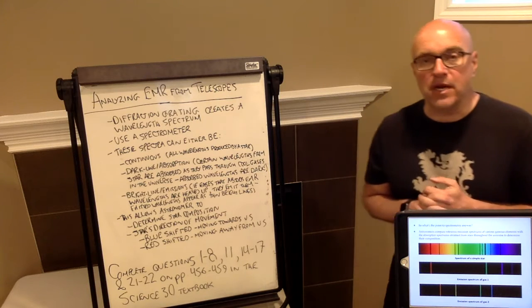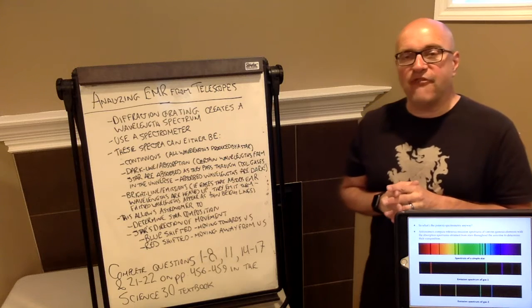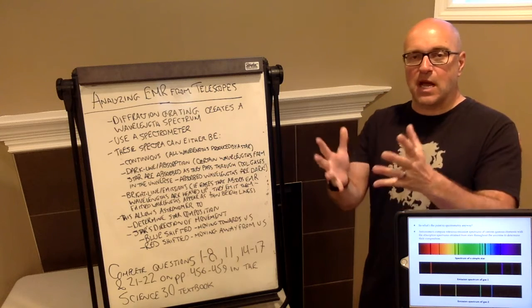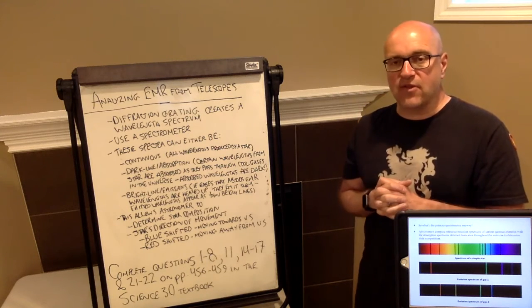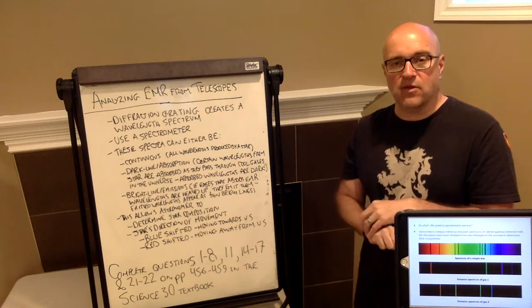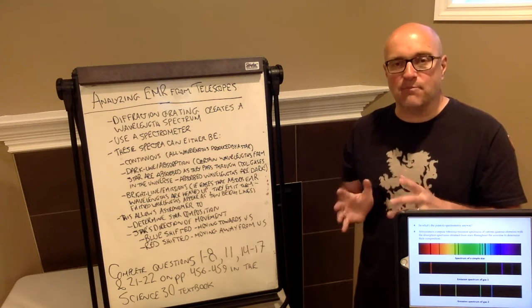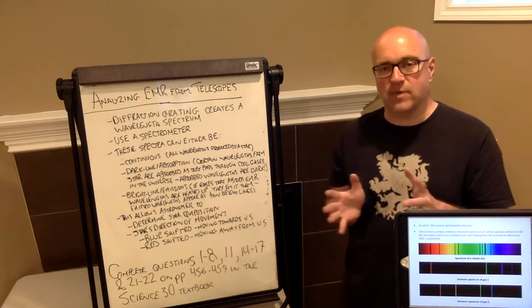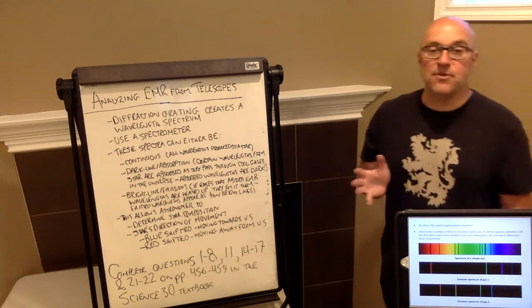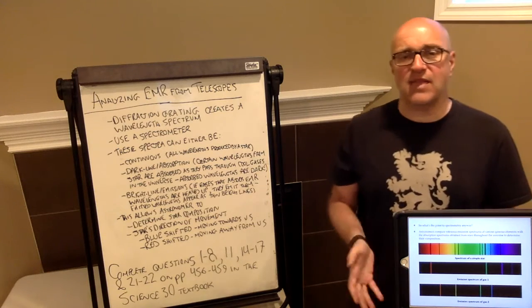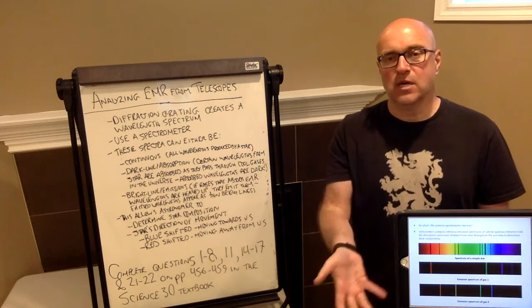It's almost like a fingerprint for that element. So if I can see a spectrum that comes to Earth, and I can see that the light has missing components, I can extrapolate from the spectrum of a distant star the composition of the gases that EMR had to pass through to get to Earth.